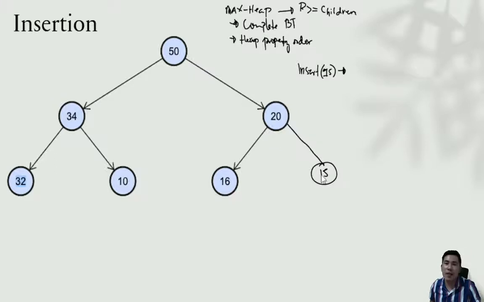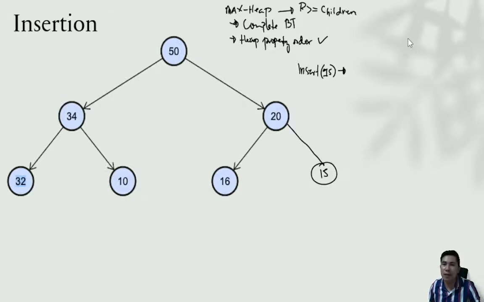Since 15 is less than its parent, they are already in order, so the heap property holds.